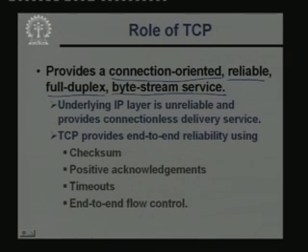But the point to note is that the underlying IP layer which TCP uses for the actual transport of the data is unreliable, and also it is a datagram service, which means it is connectionless. There is no concept of connection establishment in the IP layer. So, the question is how then TCP ensures that the communication is reliable and there is a connection oriented service.